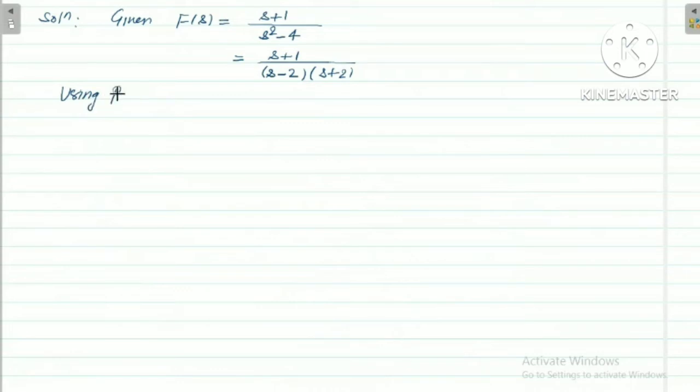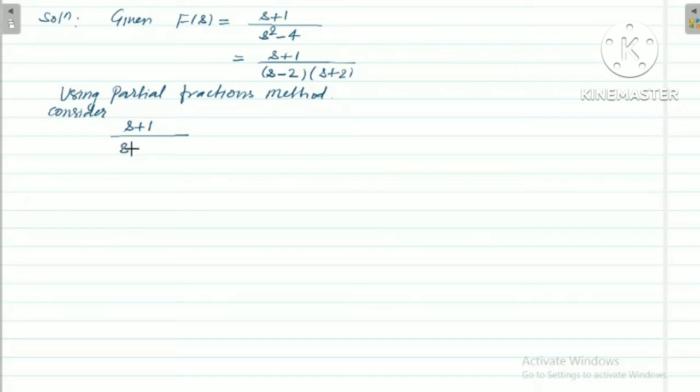Now using the partial fractions method. What is the partial fraction method? We consider s plus 1 divided by (s minus 2) in one bracket and (s plus 2) in another bracket.